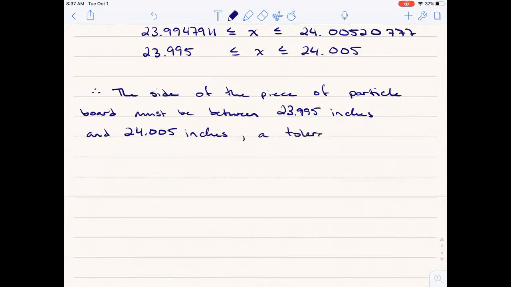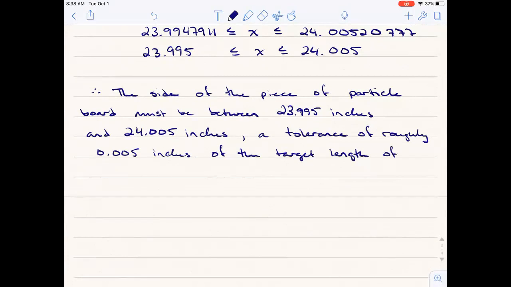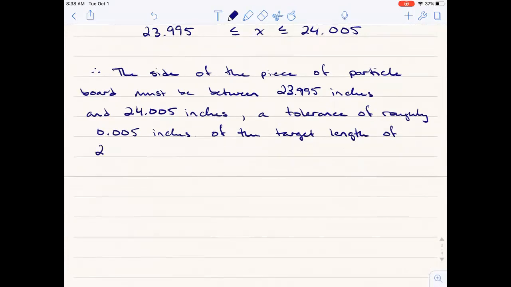A tolerance of roughly 0.005 inches of the target length of 24 inches, right?